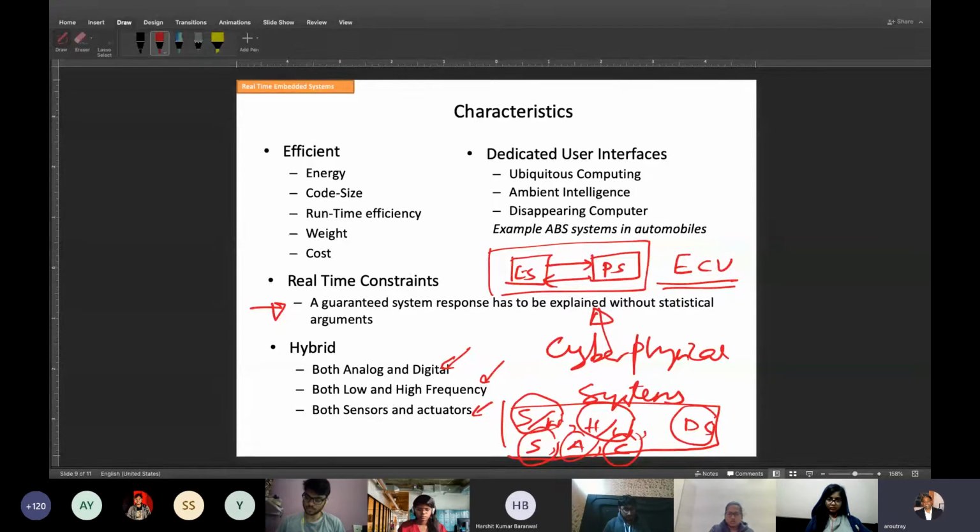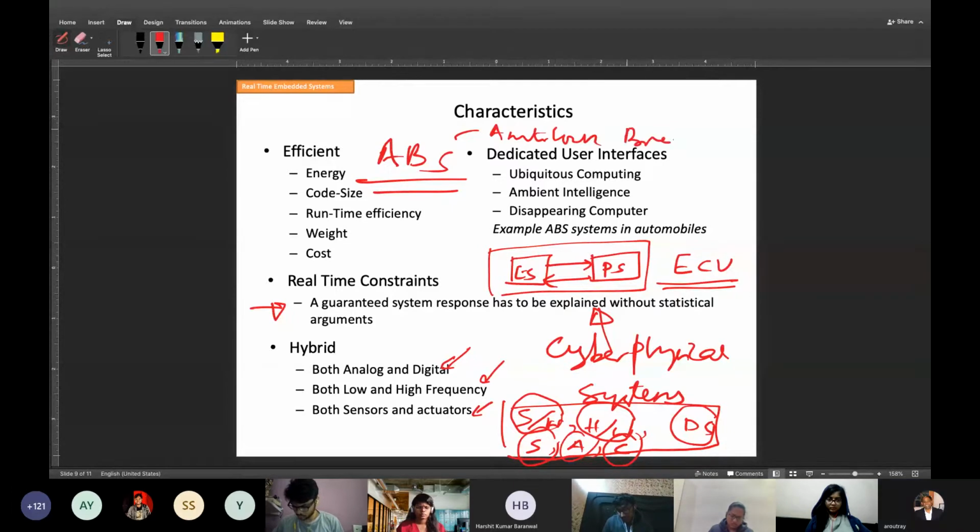So do you guys know the anti-lock braking systems, ABS, in cars? You know, when you go on a slippery path like ice or mud, or you are going over a terrain and it is raining, sometimes there is a skid because there will be unequal friction in the tires of a car.